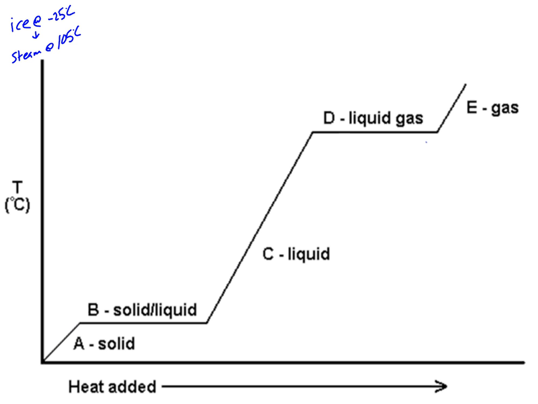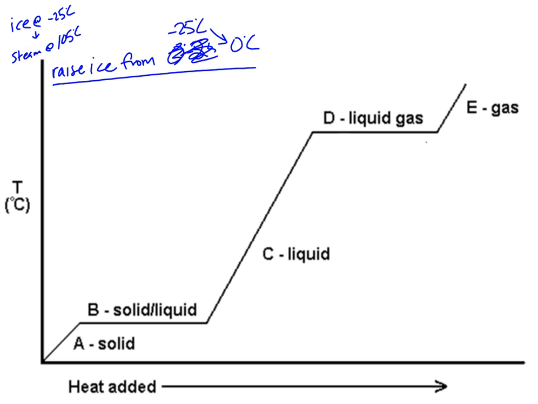The first step is I need to raise the ice from negative 25 degrees Celsius to 0 degrees Celsius, because that's the melting point. So I have a change in temperature right here.